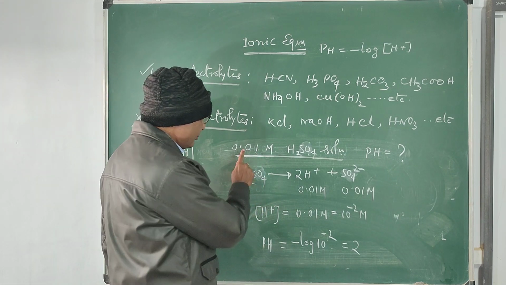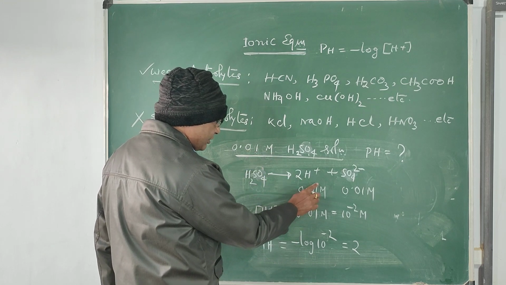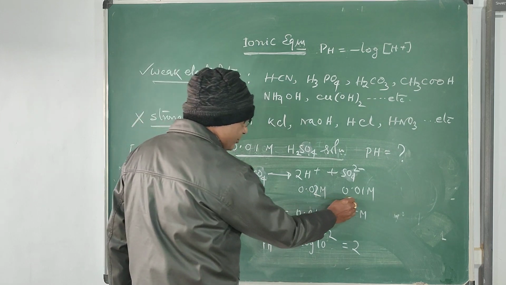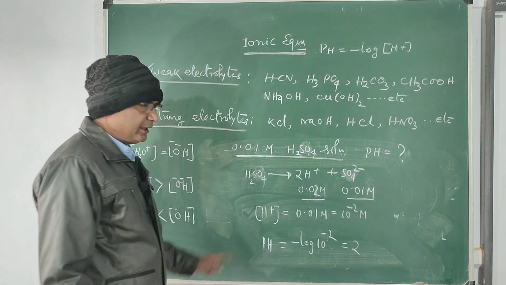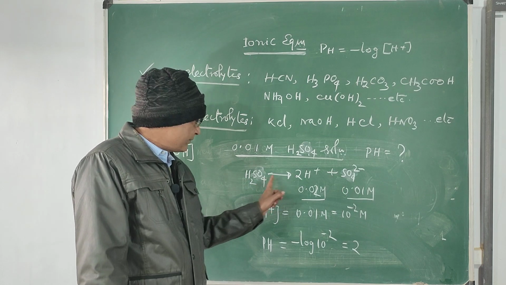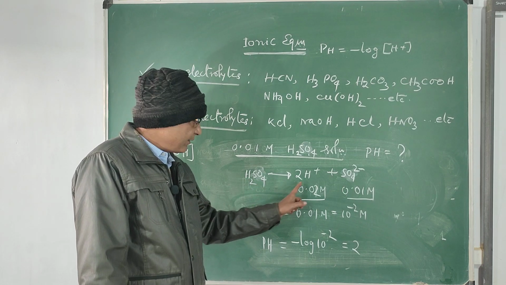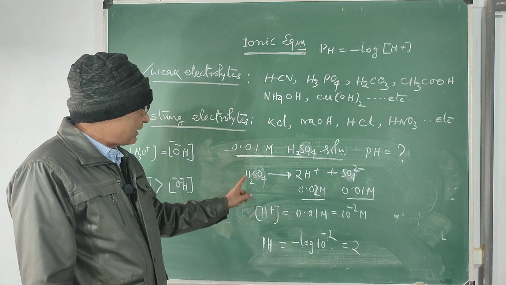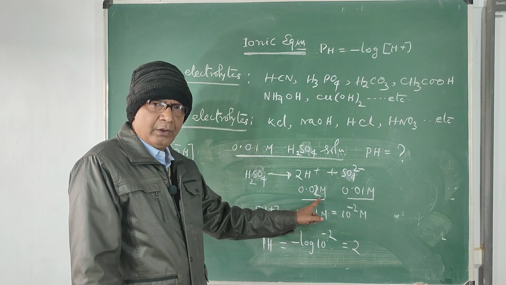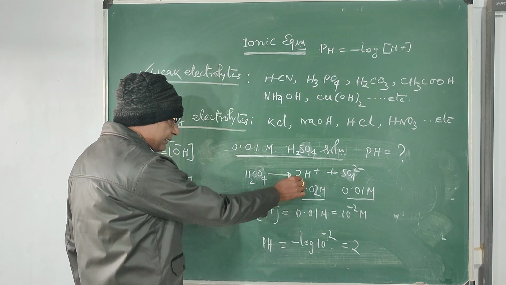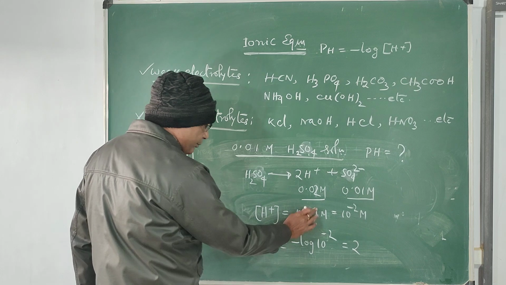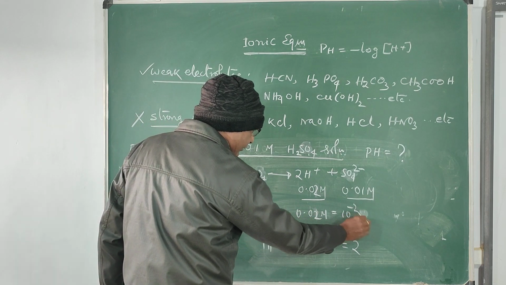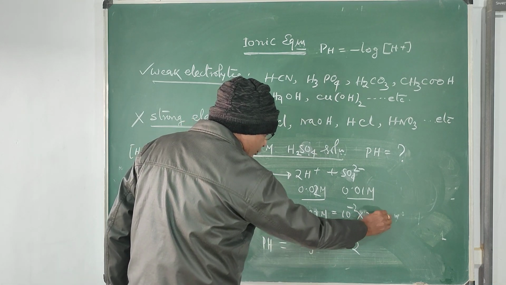After dissociation, the hydrogen ion concentration will be 0.02 molar and the sulfate ion concentration will be 0.01 molar, because the dissociation of sulfuric acid shows that every unit of sulfuric acid furnishes 2 hydrogen ions. Therefore, the concentration of hydrogen ions will be 0.02. Now write that hydrogen ion concentration equals 0.02 molar, that is 2 into 10 to the power minus 2 molar.